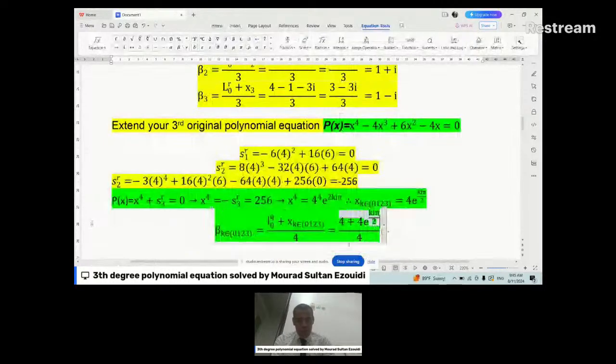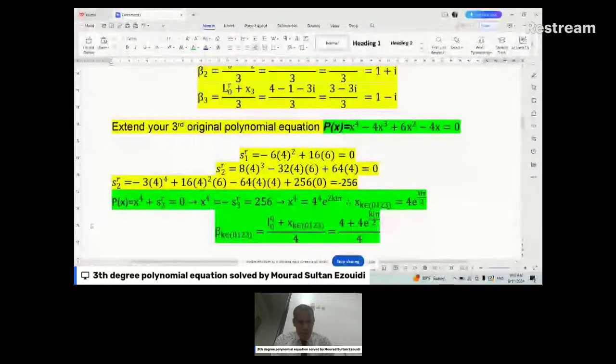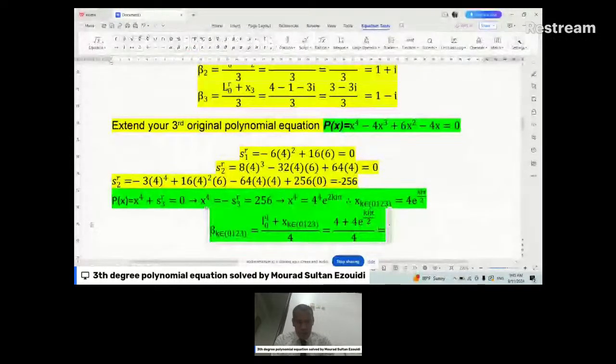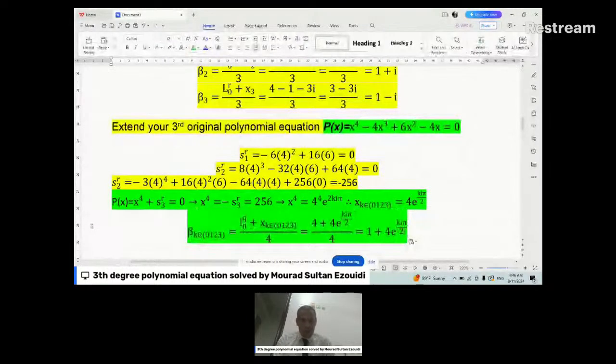Now 4 divided by 4 is 1, 4 divided by 4 is 1, so it will be equal to 1 plus exponential ik pi divided by 2. When k equals 0, we told that x4 equals 256.